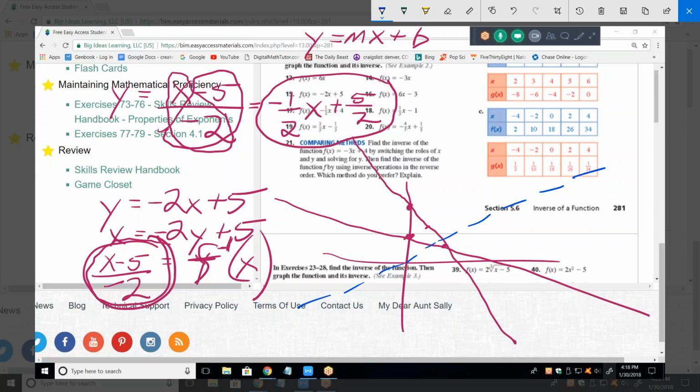In other words, a point that's on this line, when I reflect it, it becomes there. And a point way up here reflects to become there.